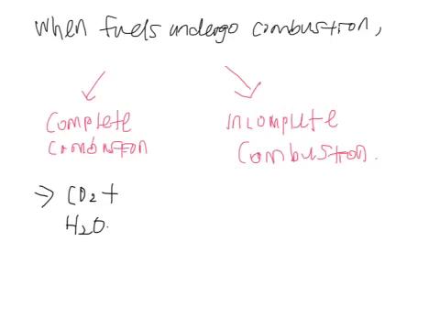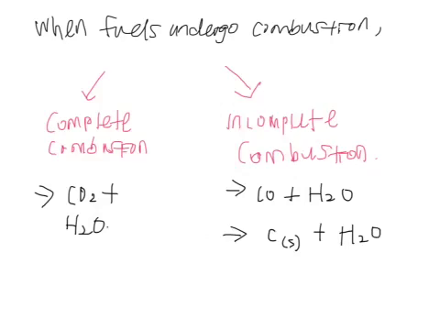But if the fossil fuel undergoes incomplete combustion, then two different products could be formed. Sometimes it would produce carbon monoxide and water. Other times it will produce soot, which is solid, and water.